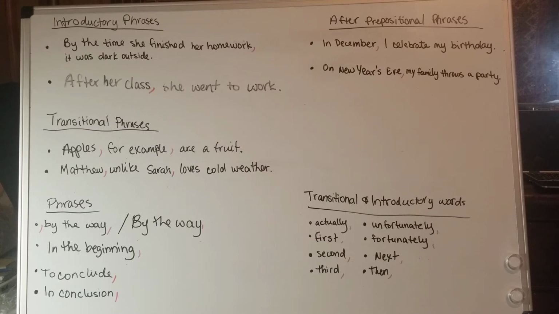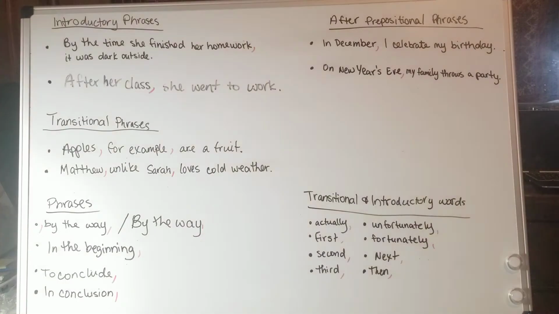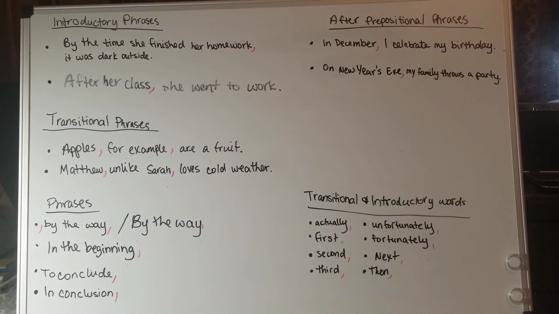And then we have, if you go to the top right, we see after prepositional phrases. So in is a preposition, and in December is a prepositional phrase. So in December, comma, I celebrate my birthday. And then for the next one, we have on, right?